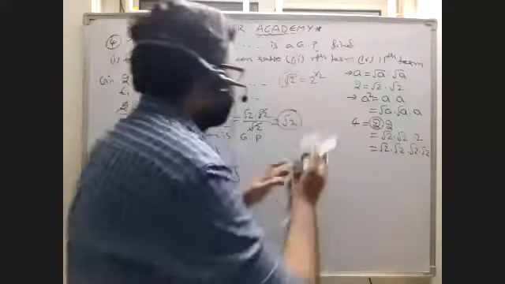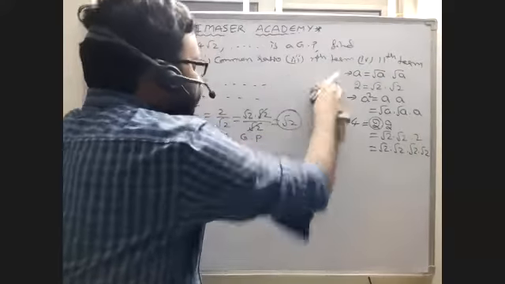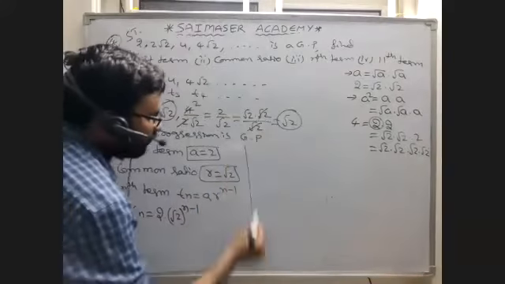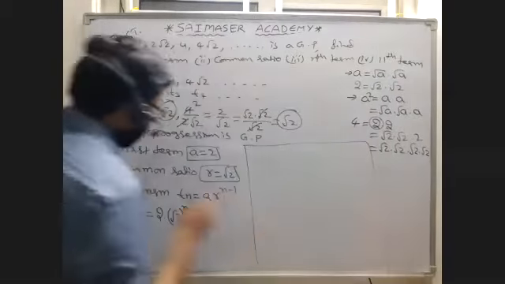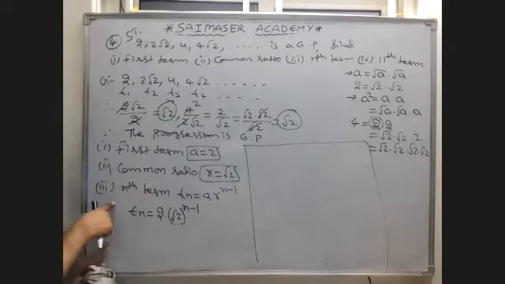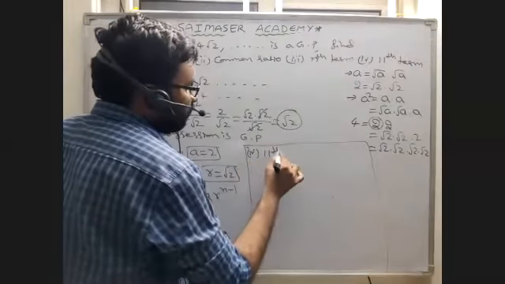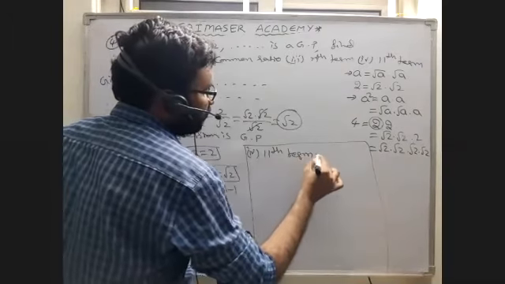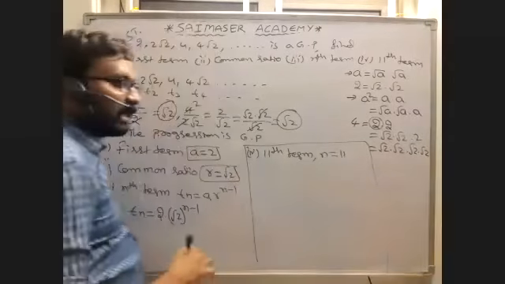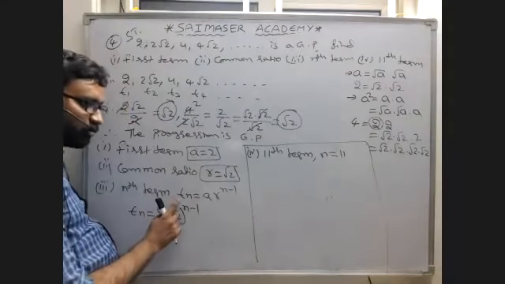We know already. Now we will apply for the last bit. What is the last bit is asking? First bit finish, second bit finish, third bit finish. And the last bit is what? 11th term, fourth bit, 11th term. 11th term means n is equal to, we have to take what? 11 in this formula, in this nth term formula.